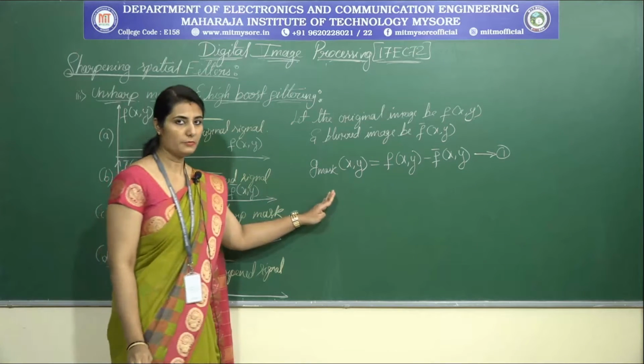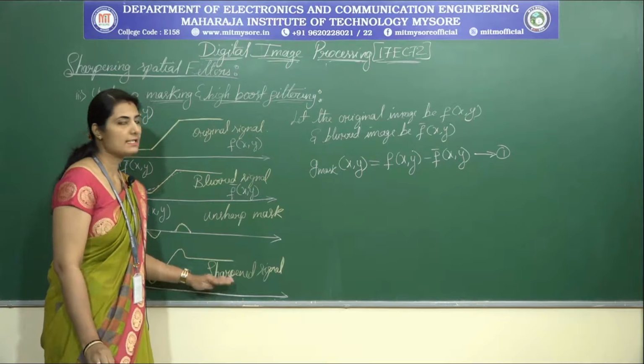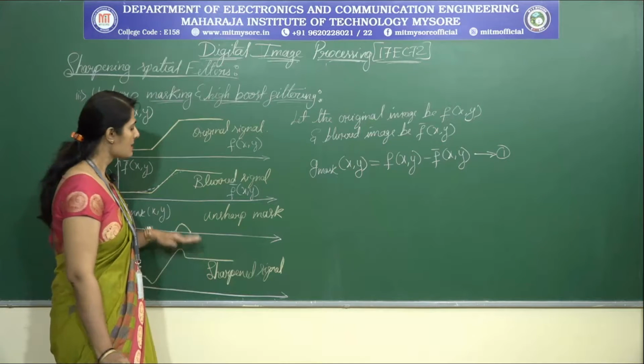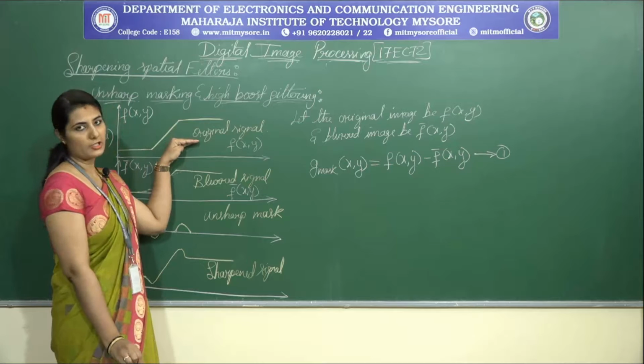Now to obtain the sharpened image, we can also represent it in the form of equations. The sharpened image is always the weighted sum of the unsharp mask with the original image.